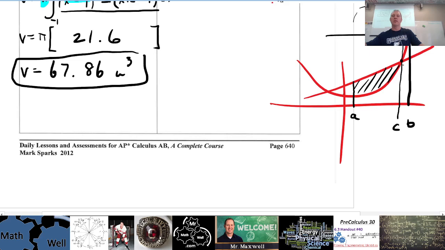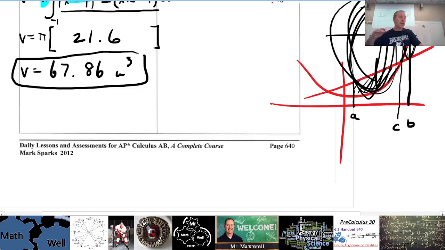This volume. And then you're gonna have to switch around and find this one, this volume that's rotated, you see? Separately, because the outer functions change. So if they overlap each other like this, and your outer function, in quotes, changes, you're gonna have to split that up into two different sections. That make sense? So find this revolution first, and then find this next one, and add them together. Okay?